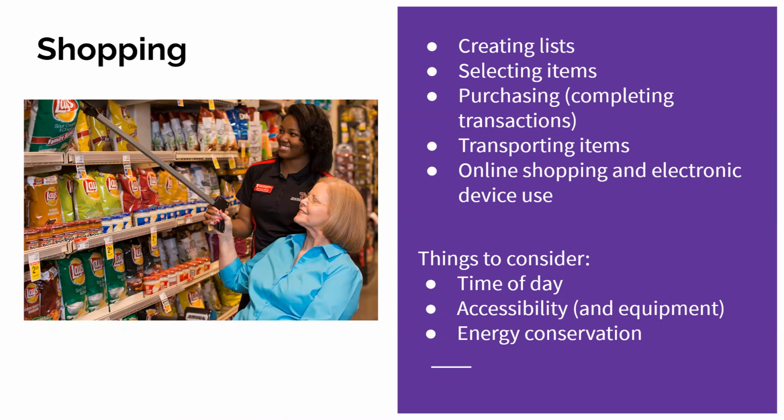And online shopping can include, as Chrissy mentioned, using debit cards, credit cards, whatever electronic device you use for shopping and things like that. So some things that we consider as OTs is what time of day people are shopping, the accessibility of stores. Turns out stores aren't very accessible.